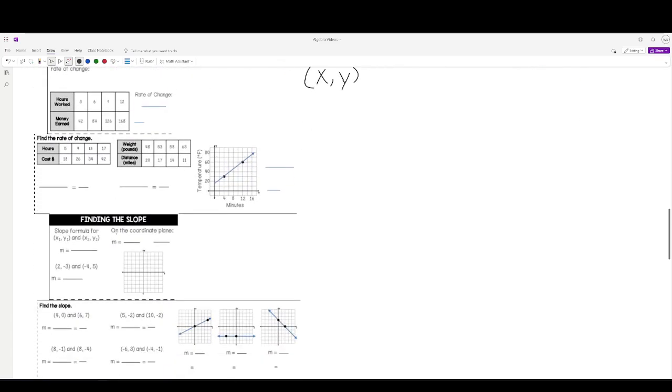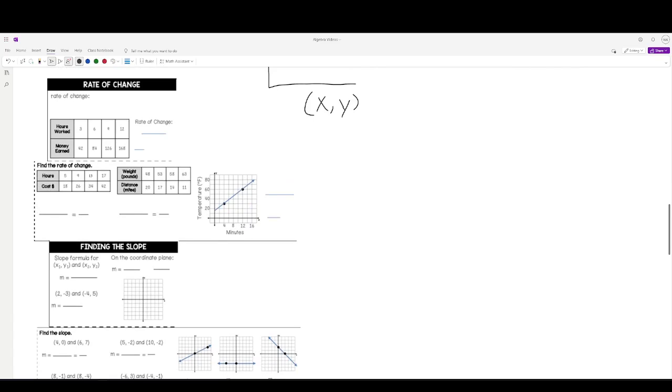Now we're going to look at some practice problems and what things might look like that you see on this topic. So my rate of change for this table. The thing we need to remember about a table is that it's just a list of ordered pairs. So these x's and y's are the same thing we see in a table.